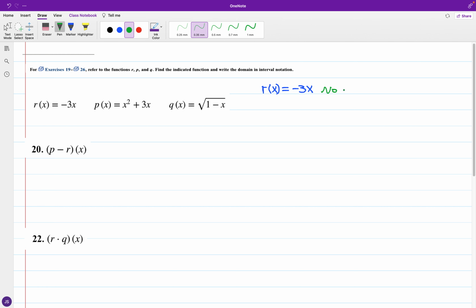So for r of x alone, we have no restrictions.